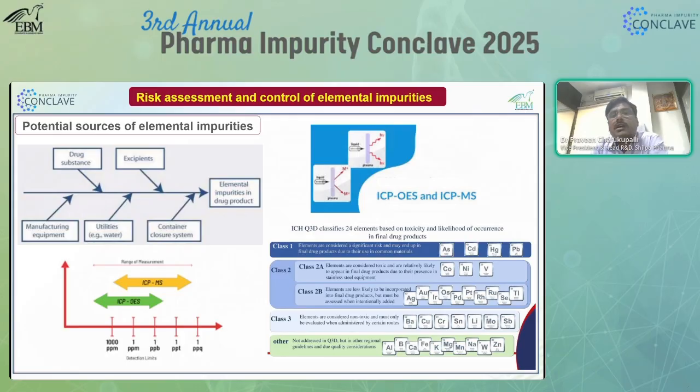We look at the source of any elemental impurity from the drug substance, like all the process, and for the drug product, what ingredients are used in drug product preparation. Using the risk assessment, we check the class 1 and class 2A elements mandatorily, and class 2B and class 3 elements as per requirement and controls. We use ICP-MS and ICP-OES to check the metal content in our drug substance or drug product.